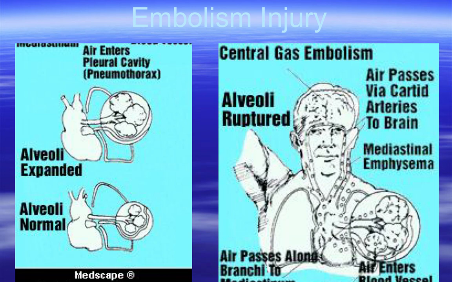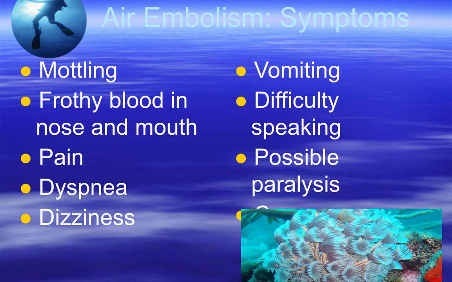Gas is passing from the bronchi to the mediastinum. It's in our vasculature, and it can travel to our brain. It can cause pulmonary embolisms as well. Remember, an embolism is blocking a blood vessel, so now we are blocking blood flow. We can have strokes, we can go into cardiac arrest, we can go into respiratory arrest. These are very serious, and you need to be able to know these signs and symptoms.